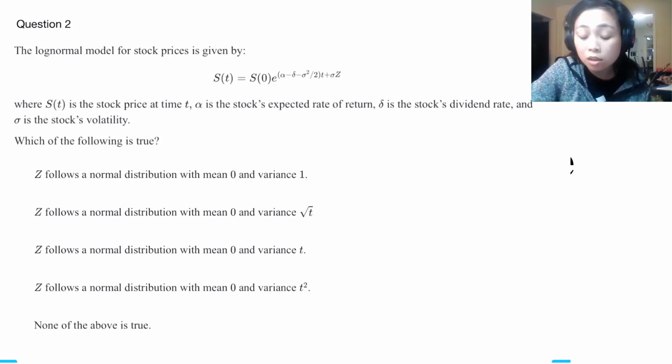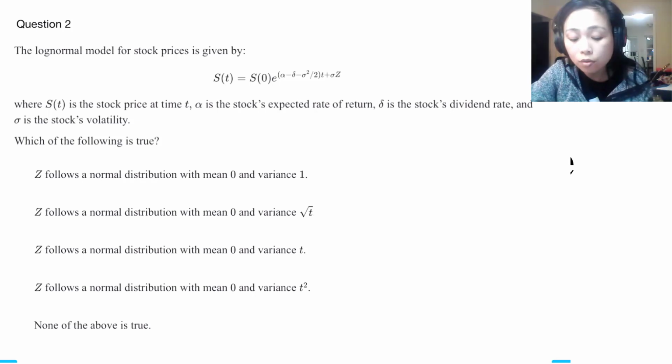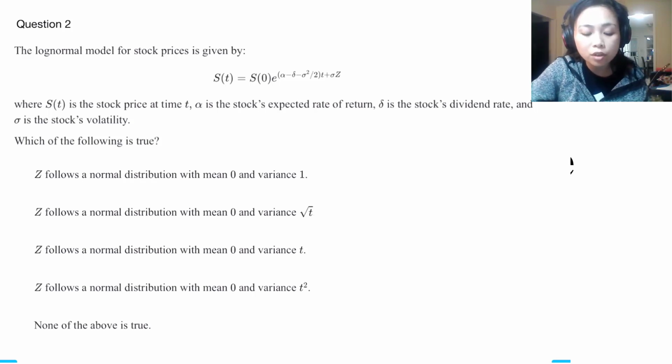Which of the following is true? First, Z follows a normal distribution with mean 0 and variance 1. Z follows a normal distribution with mean 0 and variance with t. Z follows a normal distribution with mean 0 and variance t. Z follows a normal distribution with mean 0 and variance t squared. None of the above is true.